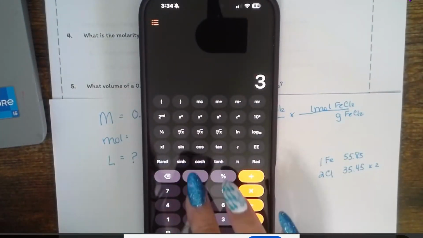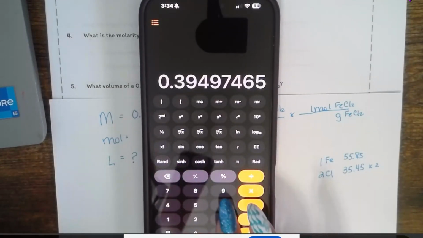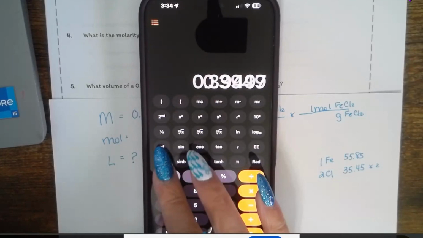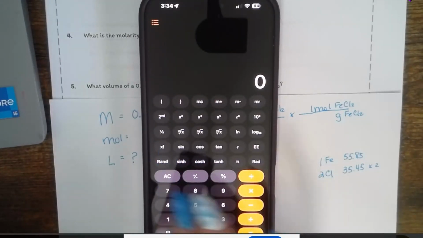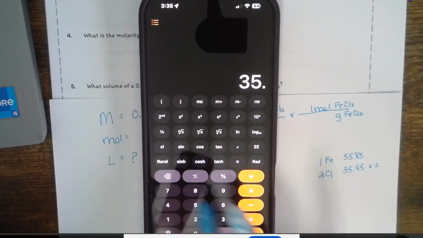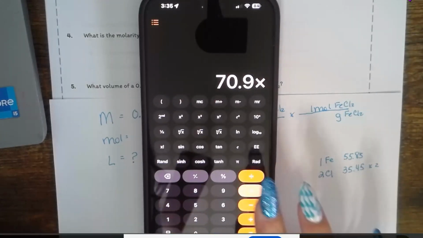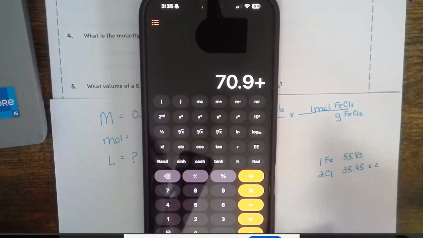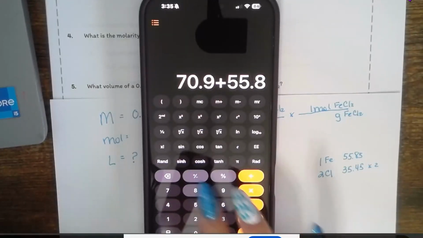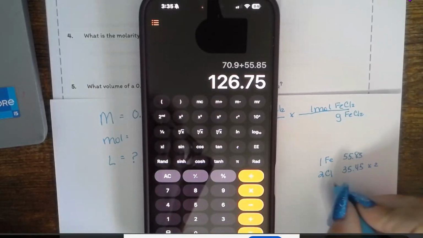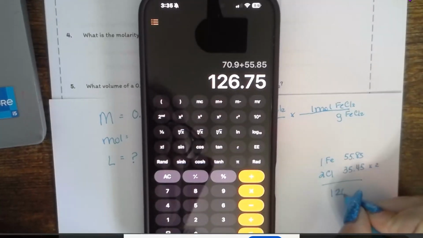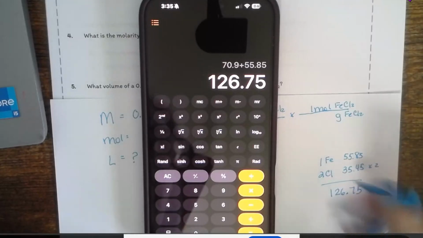I'm going to plug that into my calculator. 35.45 times 2 plus 55.85. So my molar mass is 126.75.